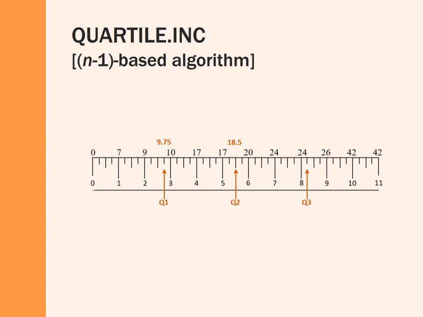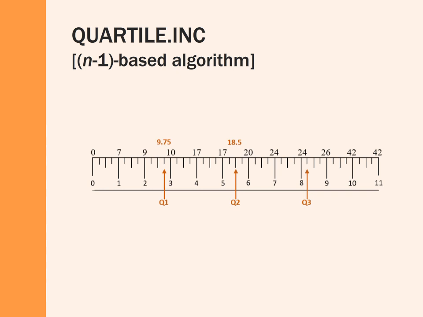Now we do the same thing with the third quartile. Again, there is no case that falls at position 8.25 on our ruler. Instead, we have values of 24 and 26 that fall on either side of that position. So we find the distance between 24 and 26, which is 2.